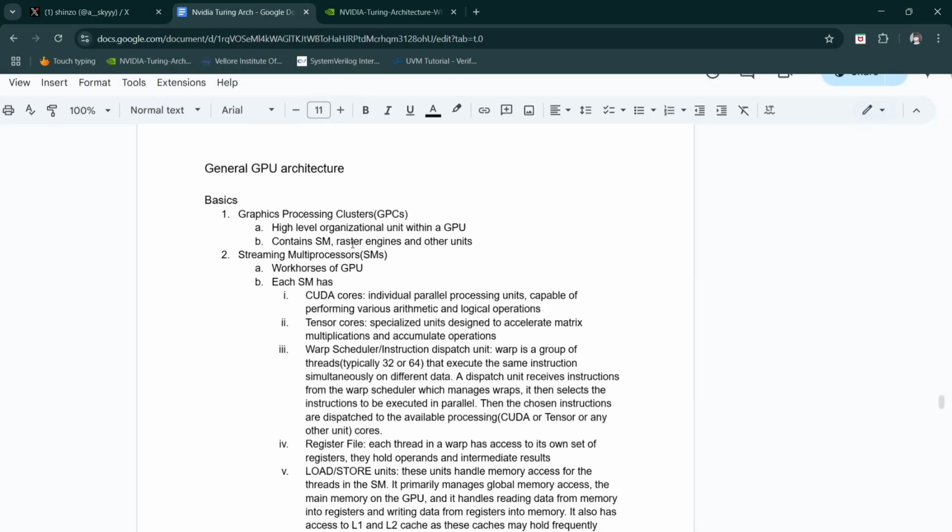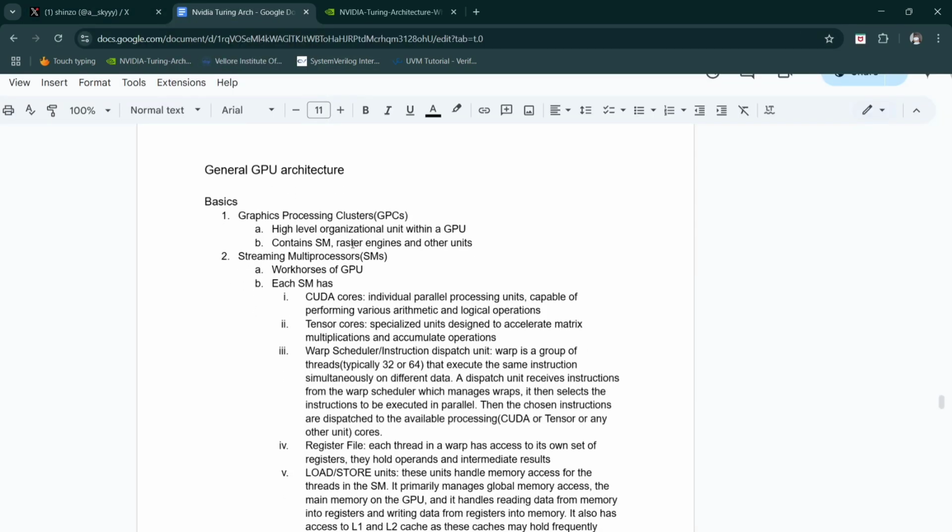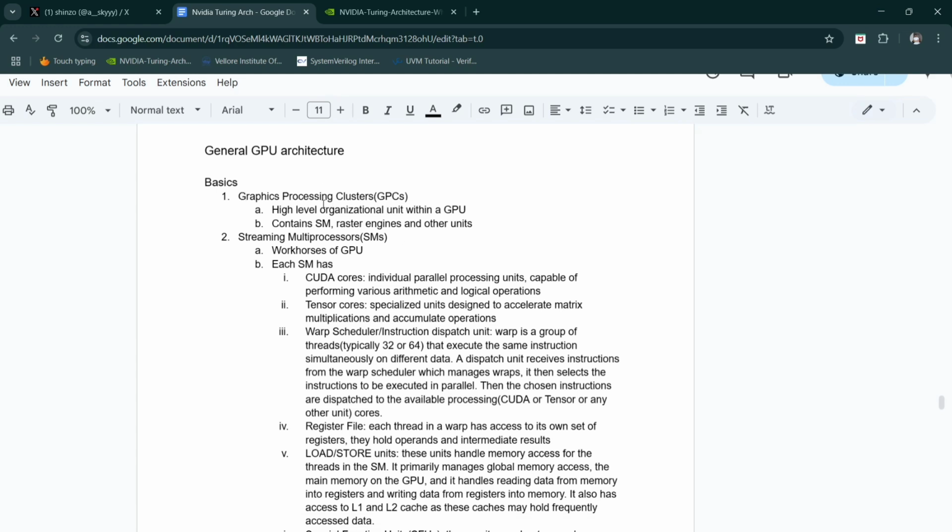So let's get back to understanding the general GPU architecture. It has some abstraction units. The first one is the graphics processing cluster. Inside this cluster, you have some streaming multiprocessors. These are the major parallel processing executing units where most of the execution of the operation happens.